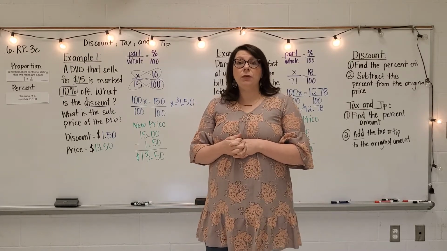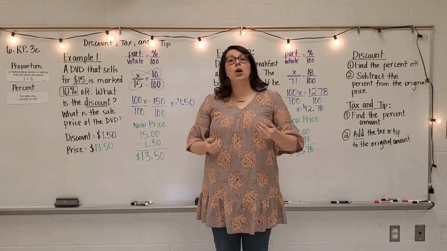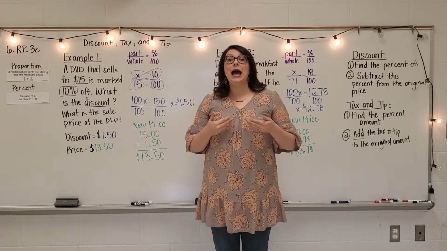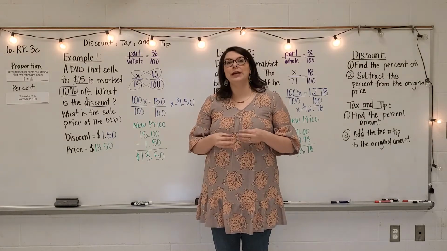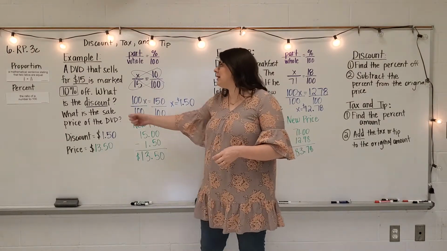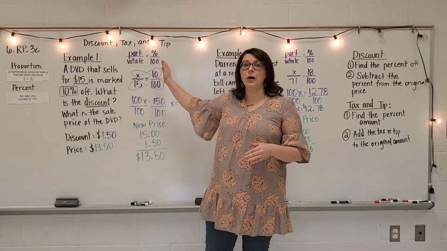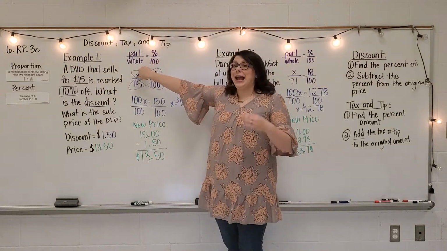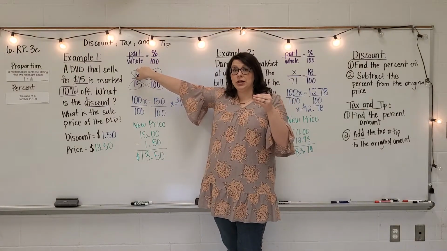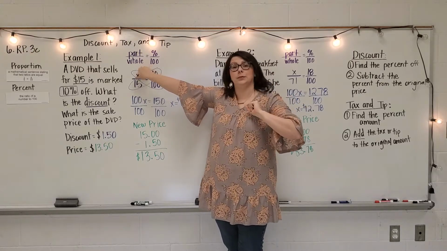Now, before we can find our new price, we have to see how much of $15 will be taken off if it is 10% off. So we're going to use part to whole is equal to percent over 100. Remember, every time you see a percent question, discount, tax, tip, you're going to automatically write this down.